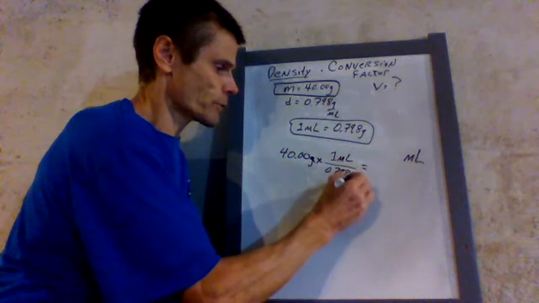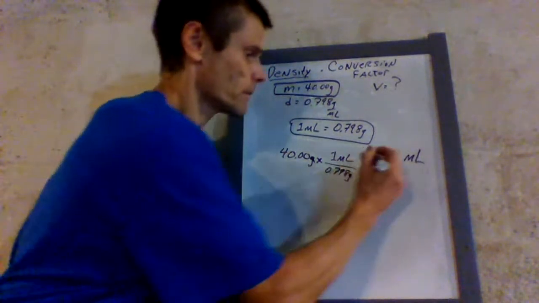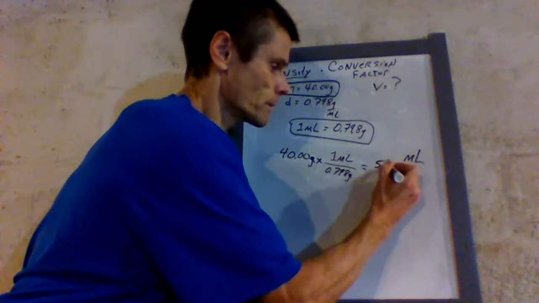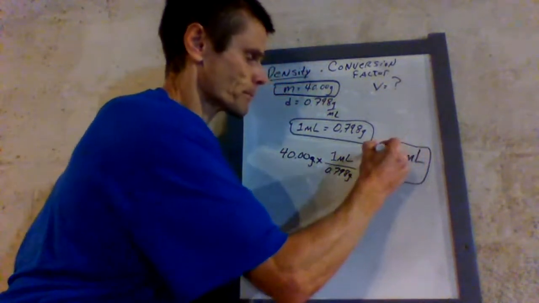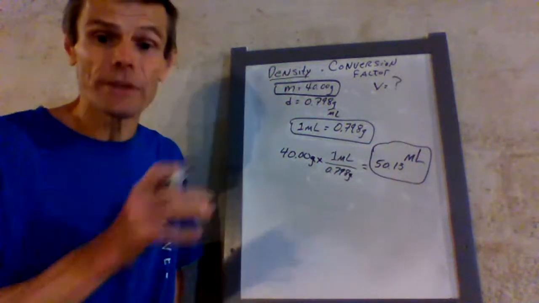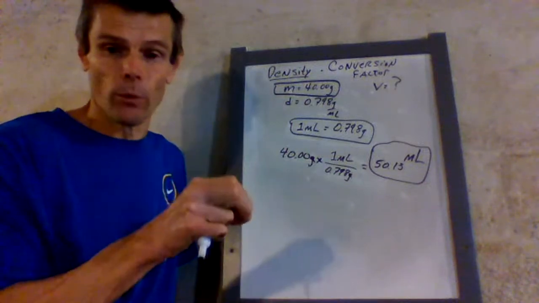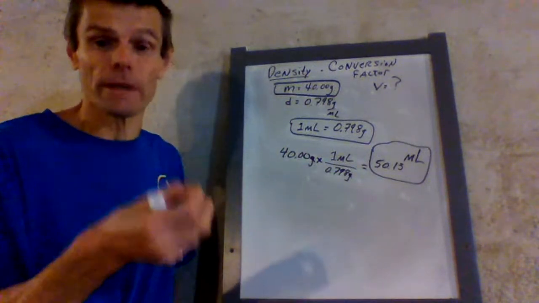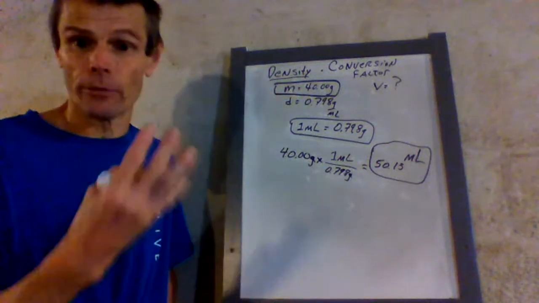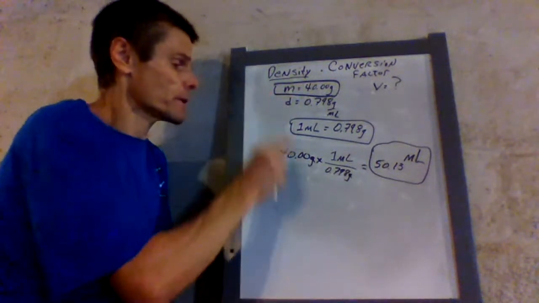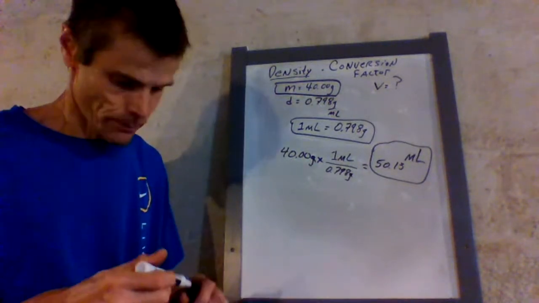Our units cancel with mass. We get an answer in milliliters. The answer that I get is 50.13 milliliters. I'm limiting myself to 4 significant figures. The density is reported on the label, and we're going to consider that to be an exact number. Our units of mass are in 4 significant figures, so we're going to limit our answer to 4 significant figures.